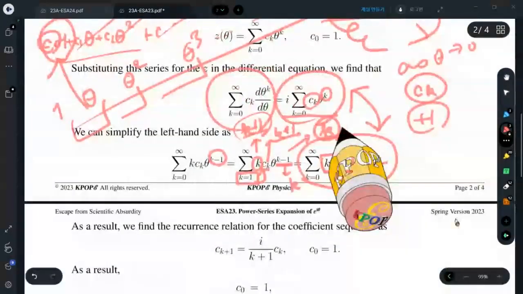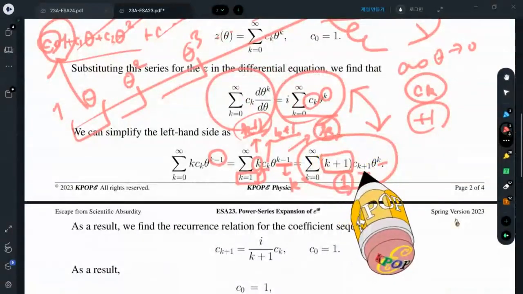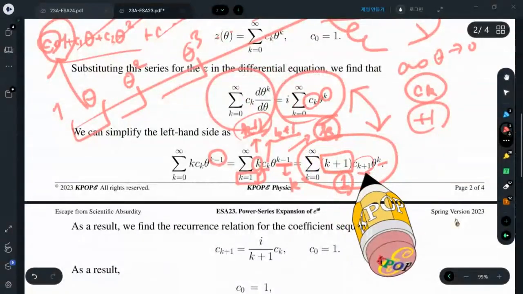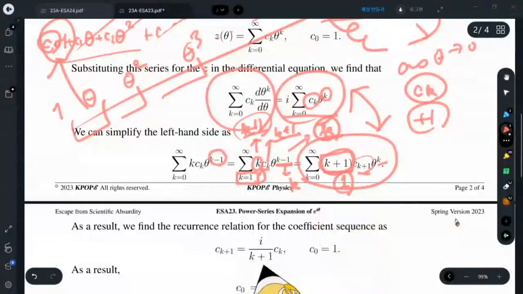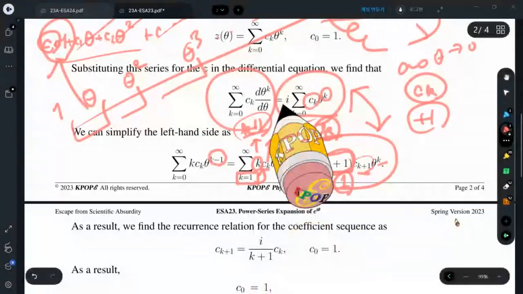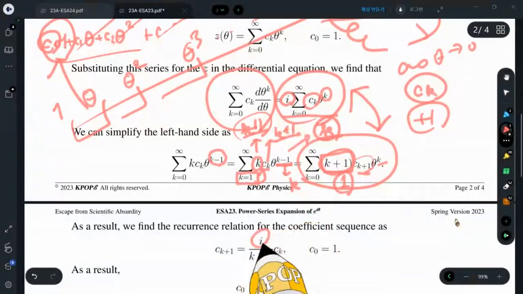So if I compare these two coefficients, c(k+1) is completely determined by ck and an additional factor. I have divided this one, and we have i in here.